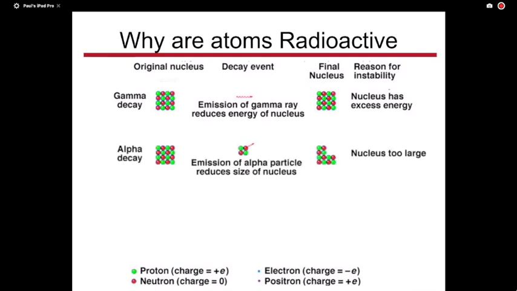The alpha particle, a chunk falls off. 2 protons and 2 neutrons fall off. So, if I look at the way I write them, the mass goes down by 4, and the number of protons goes down by 2.